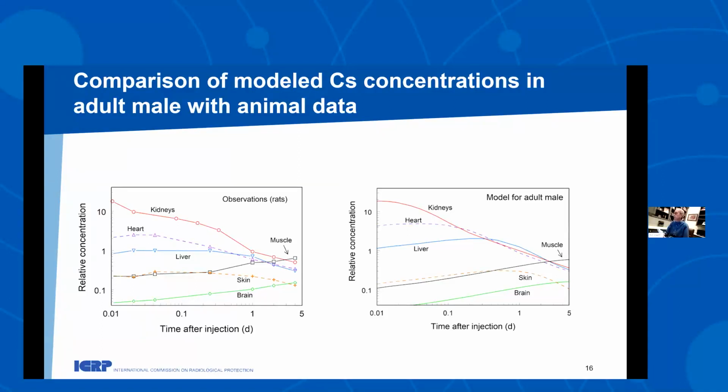There's not a lot of direct information on the early distribution of cesium in humans, but there is a lot of information from different animal types, including rodents and pigs and dogs and other animals.